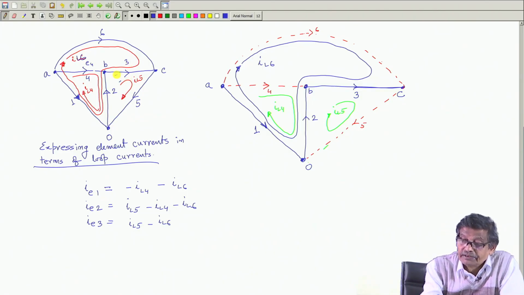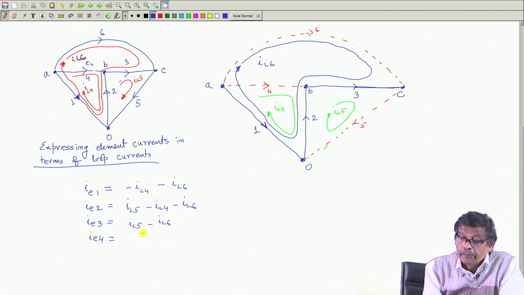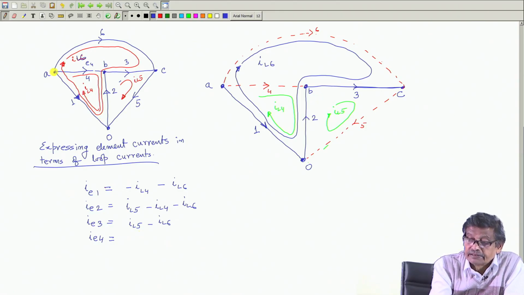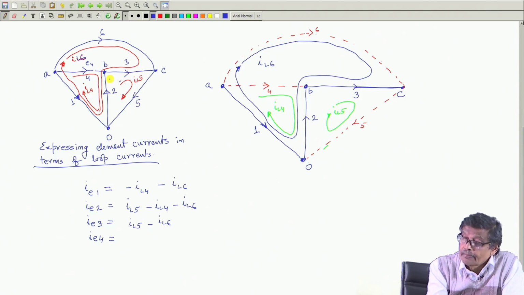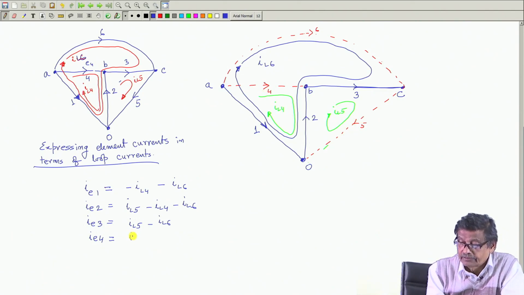Only these two loop currents are present to decide the branch current here. IE4 means this branch current. In this branch current, IL6 is not involved, only IL4 is involved, neither 6 nor the other branch currents 5. So IE4 is IL4, that is all.